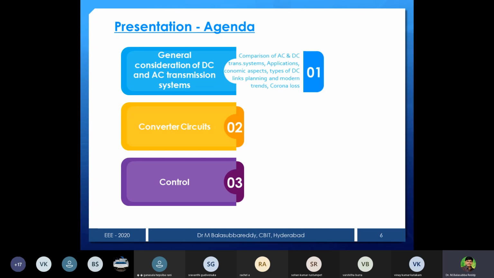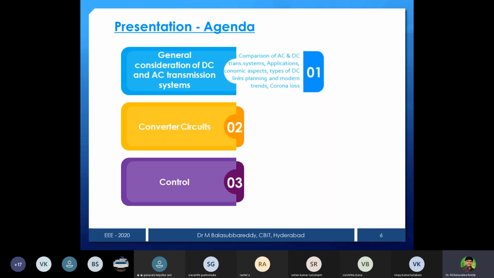So these are the three major topics going to be covered. And the application of DC transmission is another topic. Next one is a description of DC transmission system, that is the types of DC links and converter stations. Preferably we have three DC links.